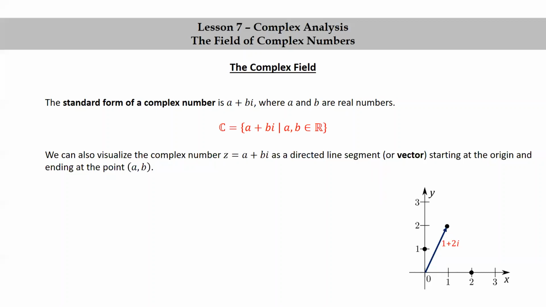Notice how we draw an arrow starting at the origin and ending at the point (1, 2). The complex number 2 can be visualized as an arrow starting at 0 and ending at 2 on the x-axis. And i can be visualized as an arrow starting at 0 and pointing straight up, ending at 1 on the y-axis.